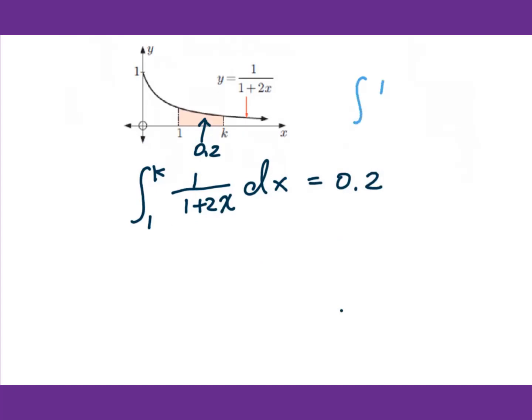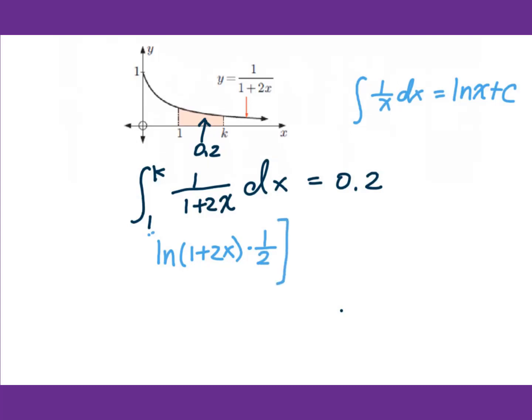We do know that the indefinite integral of 1 over x equals natural log of x plus c. Therefore, we can write down natural log 1 plus 2x. Don't forget 1 over a, so 1 over 2, from 1 to k, then equals 0.2.